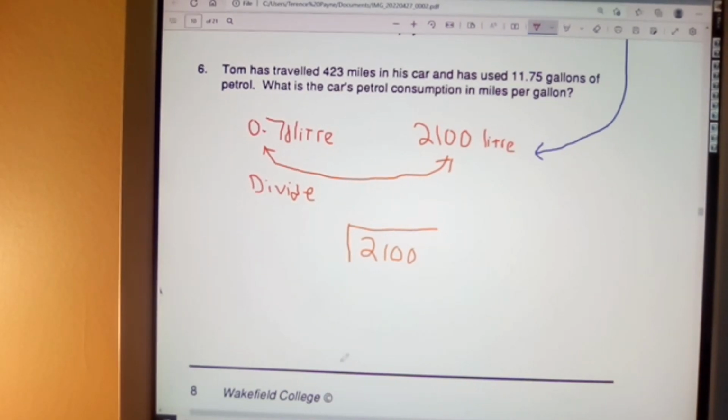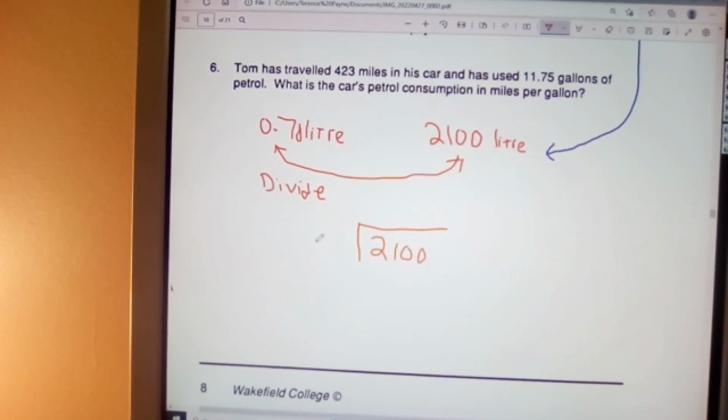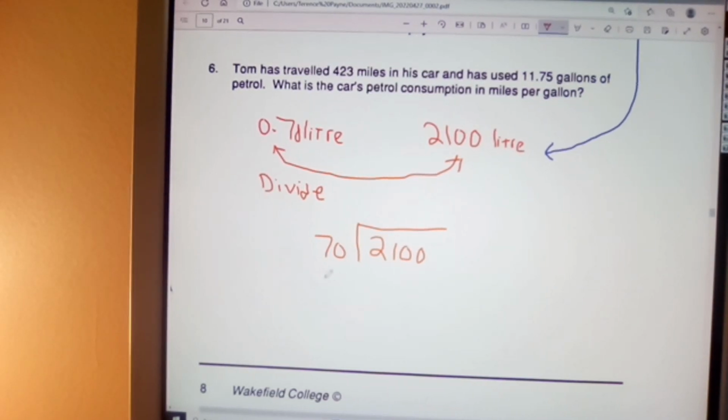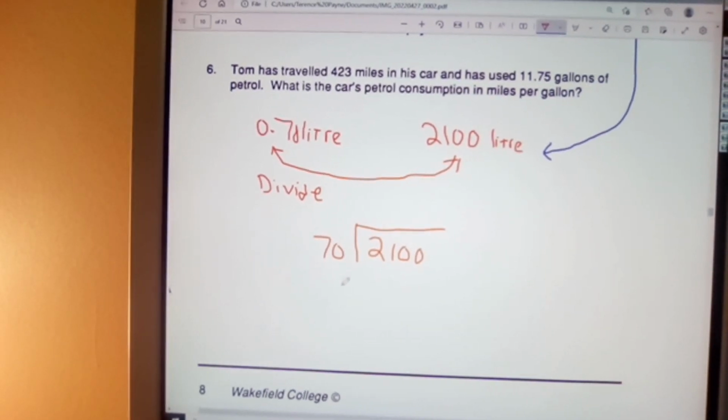So I'm going to divide by 70, because I've simply moved the decimal point 2 decimal places to the right to give me the 70.